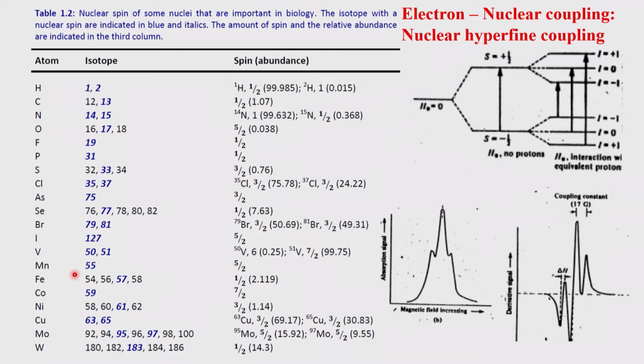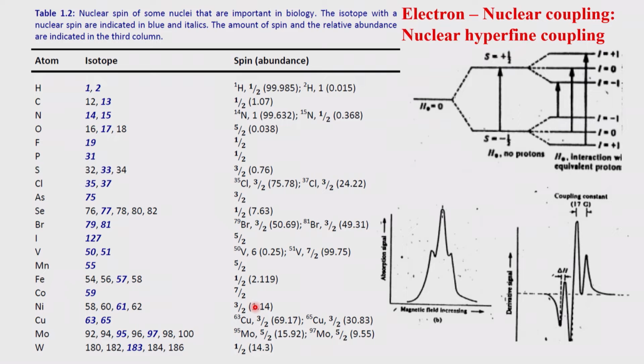So vanadium, for example, 50 and 51. Both have a spin value, but the 50 has 0.25%, you can fully ignore, and vanadium 51 has 7/2 with 99.75%. It's almost equal to 100%. So in the case of vanadium, you need to consider only 51, but not the 50. Manganese 55, then iron only 57, cobalt 59, nickel 61.